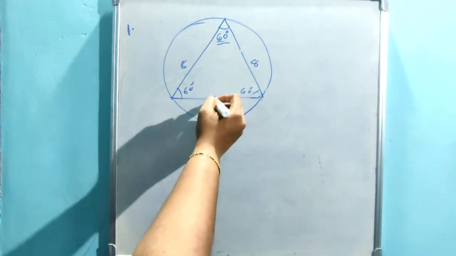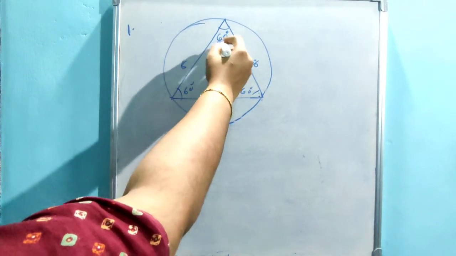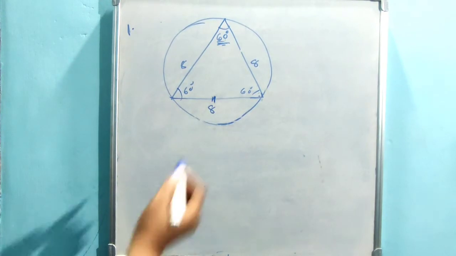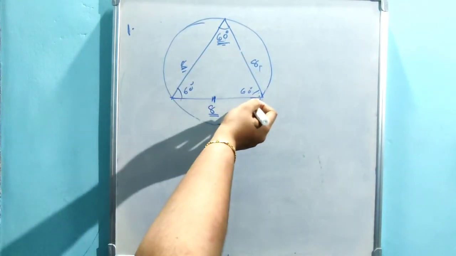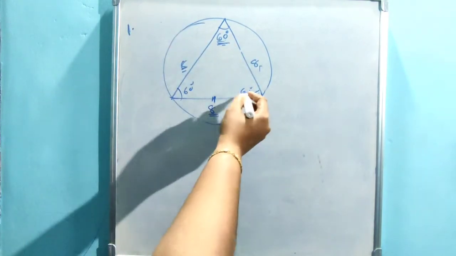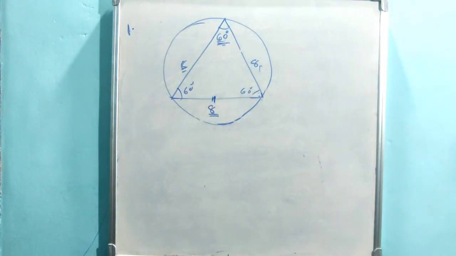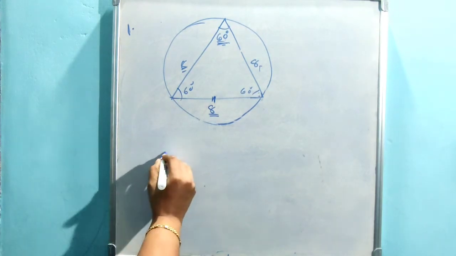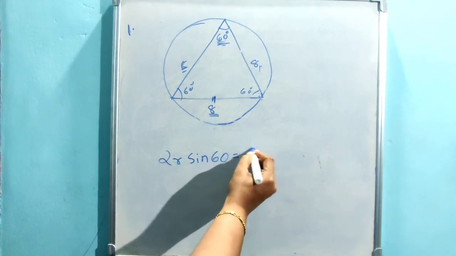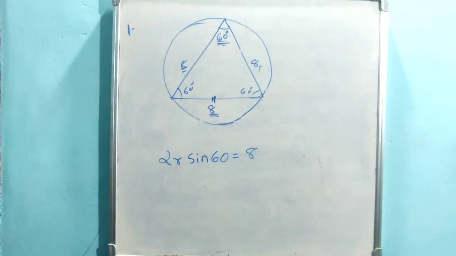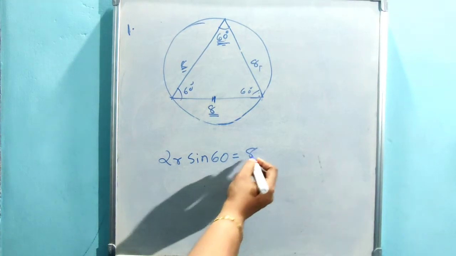The side is equal to 2 times the radius into sine 60. So 8 centimeter equals 2r into sine 60, and from that we can find the radius of the circle.